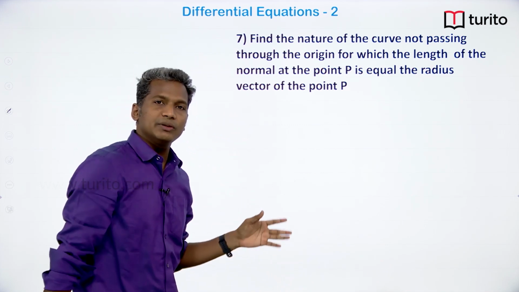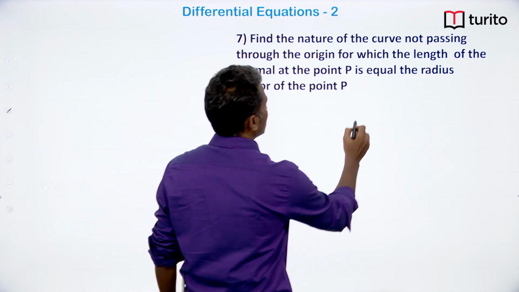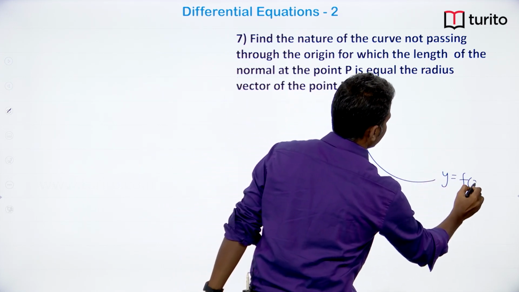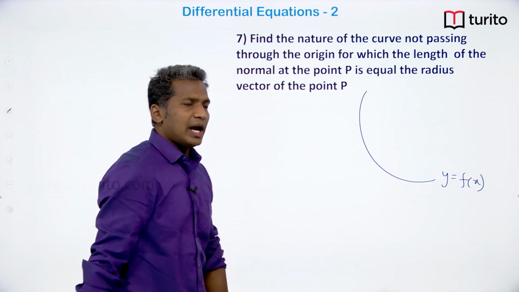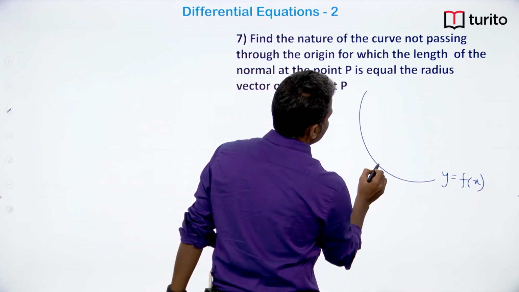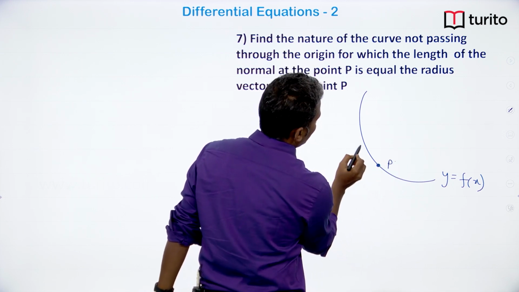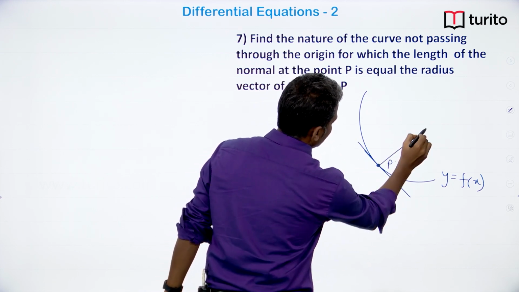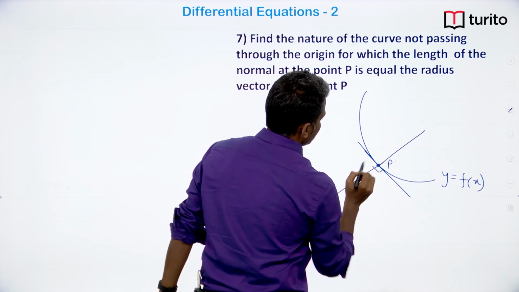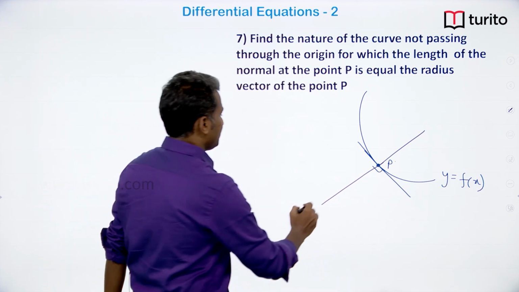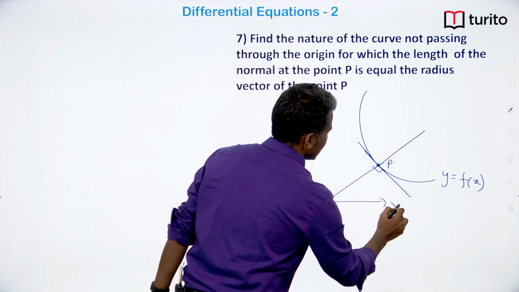So how do we proceed? We have to assume one curve. Let's say this is my curve, which is y equal to f of x. Now at a point P, let's say P is somewhere here, there is a normal. This normal is going to intersect x-axis at some point. So let's say this is my x-axis.